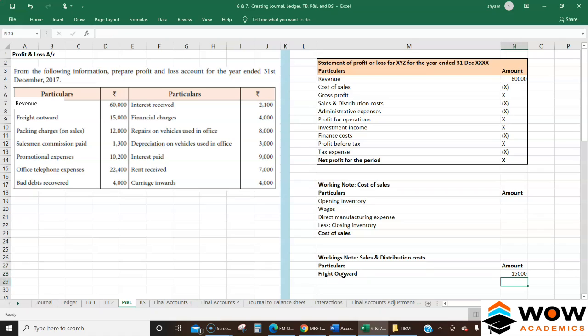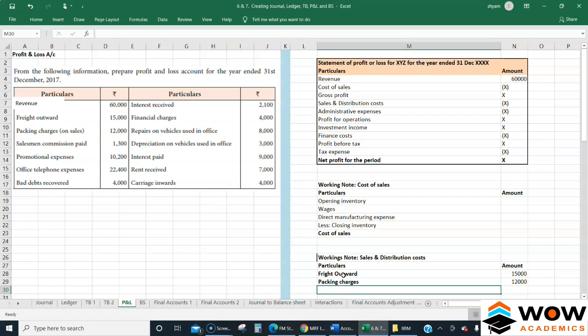Next is packing charges. So again, I think it is a sales and distribution expense. So that comes to 12,000.